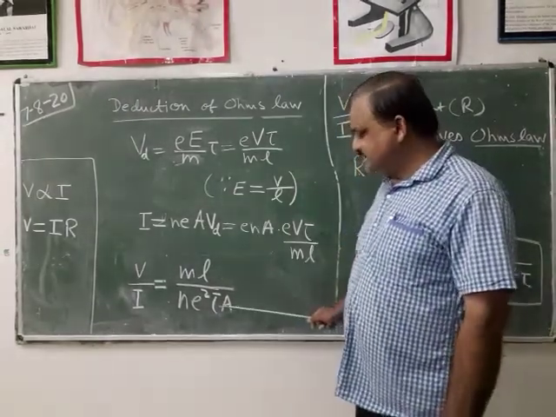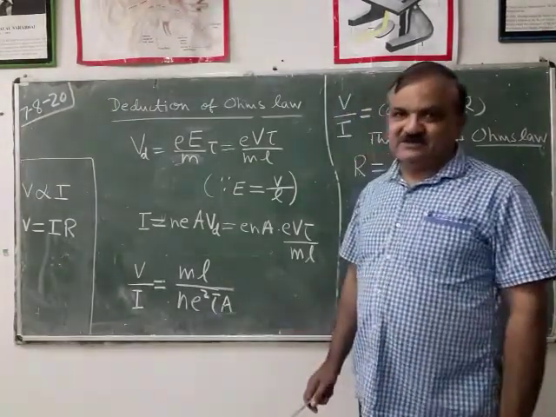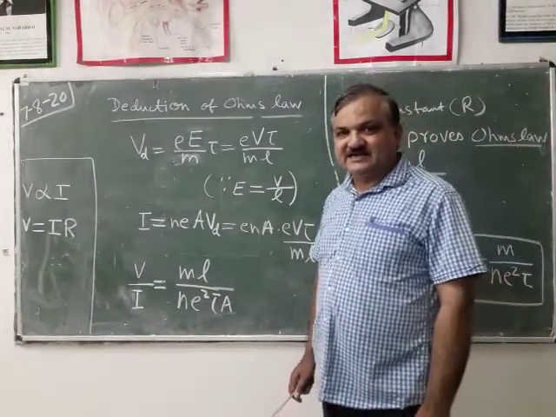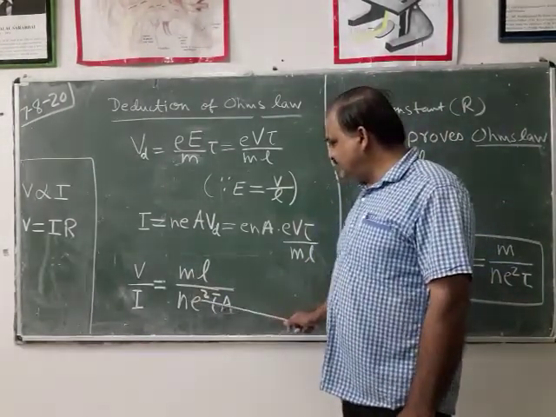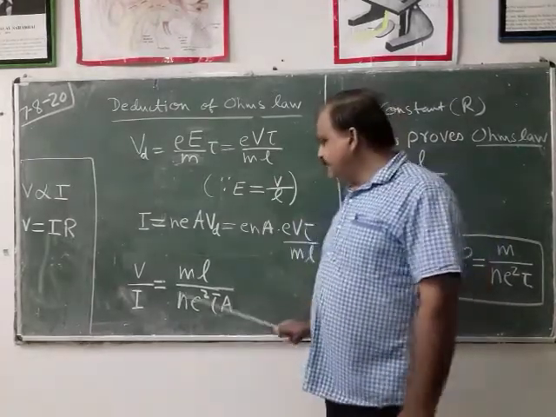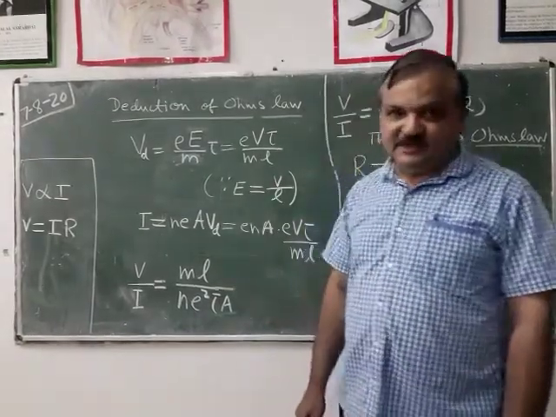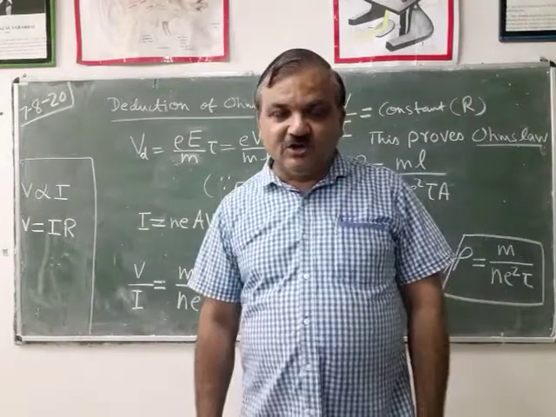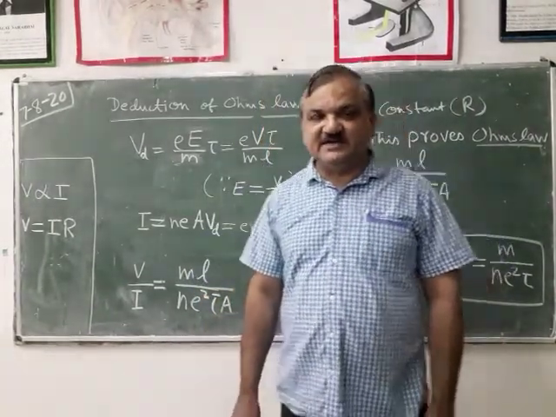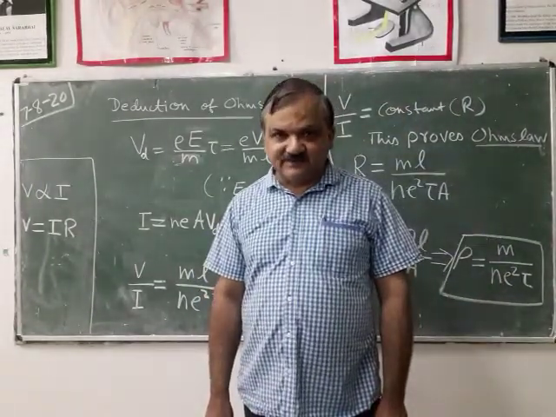It means m, L, n, e, tau, and A are constant for a given piece of conductor at a given temperature.